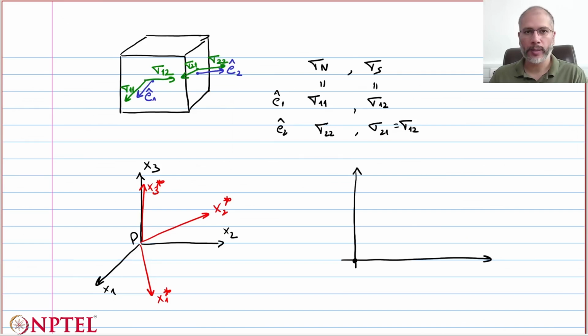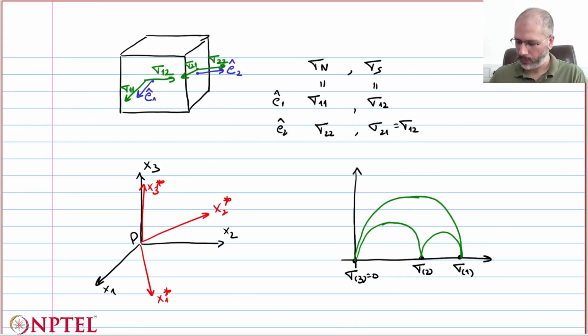So we have one of the principal values as 0, which we call sigma 3. And then let's say another principal value is sigma 2, and the third one is sigma 1. So this allows me to draw the Mohr circles, and as usual, I'll just draw one half of them, the top half. So these are the three Mohr circles, and this is our feasible stress region.